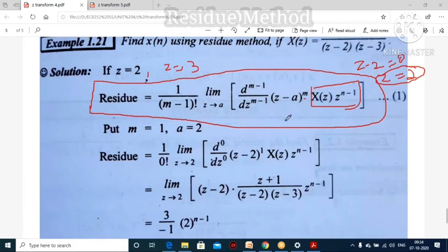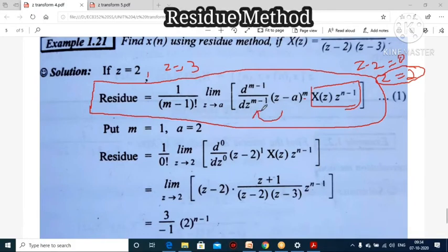Next, you differentiate your poles. How many times? M minus 1 times, because if your pole order is m, you take m minus 1 times differentiation. So d power m minus 1 divided by dz power m minus 1 of (z minus a) power m times x of z z power n minus 1 inside the bracket.